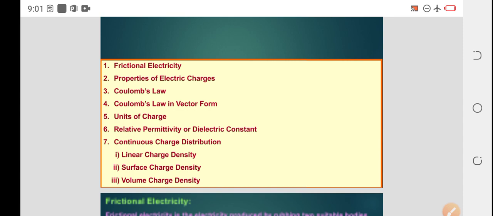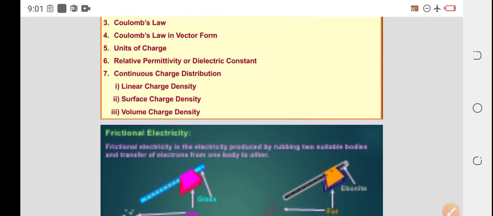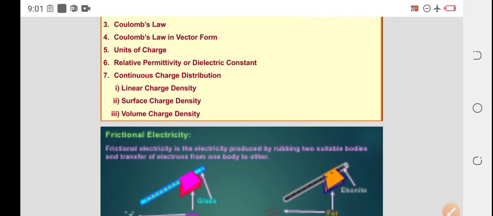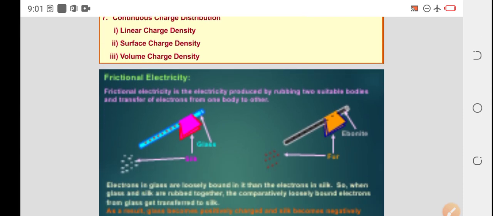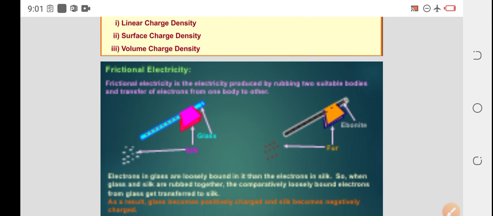Let's see here what is frictional electricity. Frictional electricity is the electricity produced by rubbing two materials, or rubbing two suitable bodies, and the transfer of electrons from one body to another body.